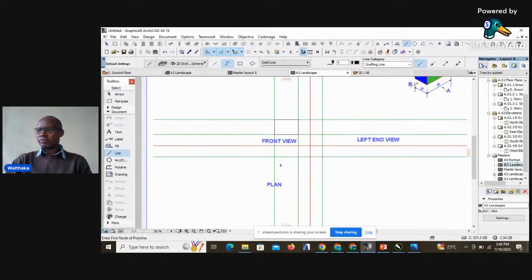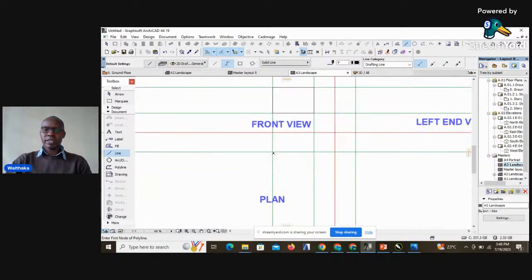Therefore, since we already have the length of the plan, we will define the width of the plan, which you've seen is 30 millimeters.